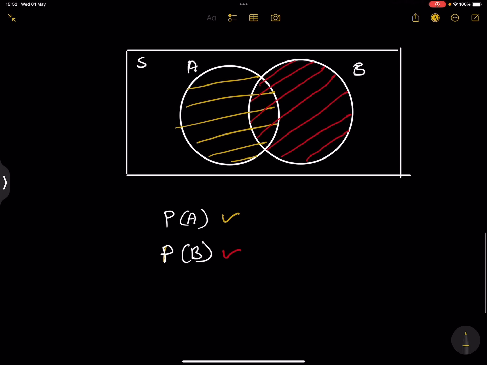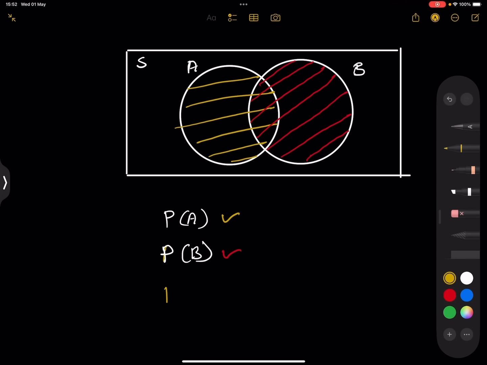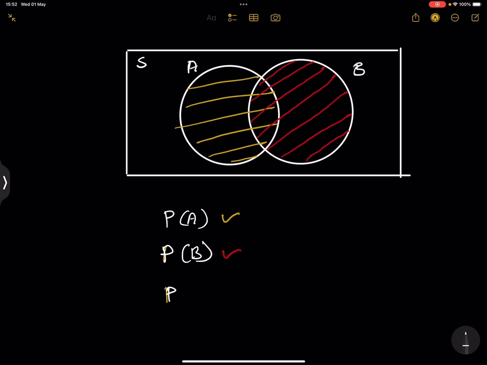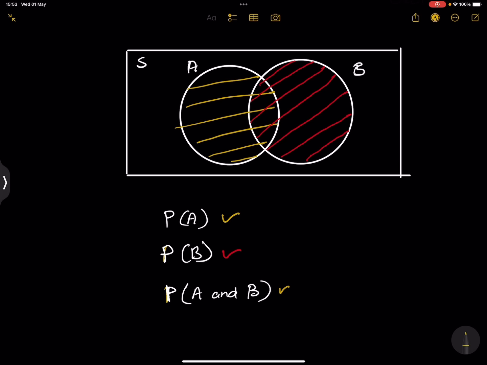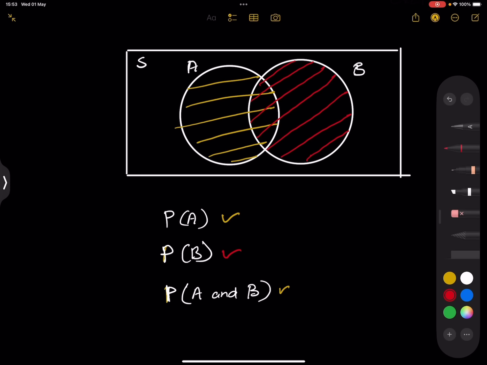Now, do you see where I've got the probability of A and B? This is where we've got an intersection, right? Probability of A and B is where I've got an intersection between the yellow and the red color.